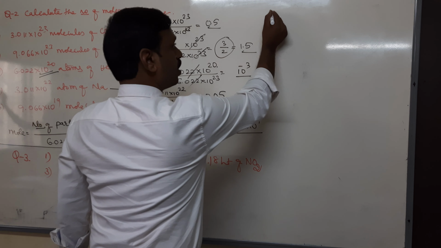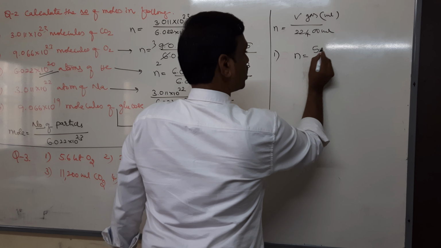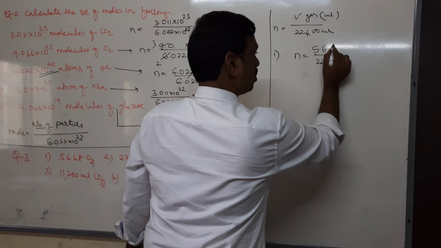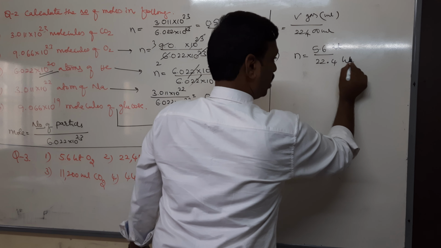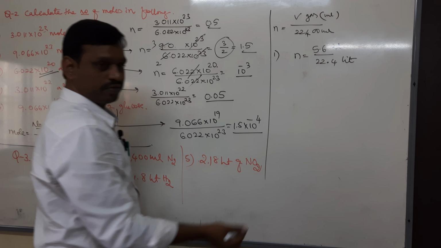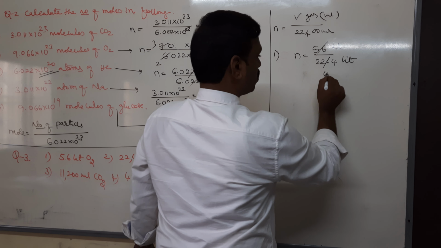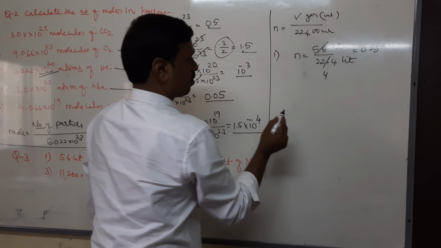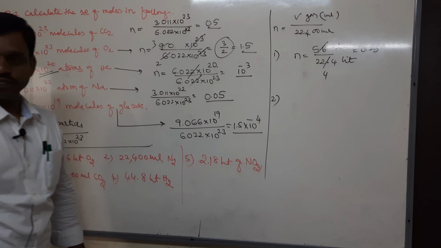For example, take the first one, 5.6 liter oxygen. n equals 5.6 divided by 22.4, because it is in liter. 1 by 4, it means 0.25 moles.